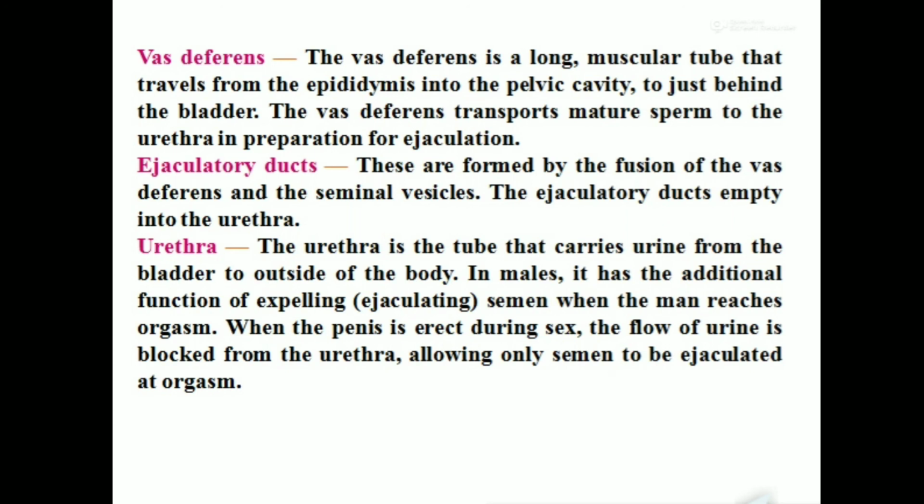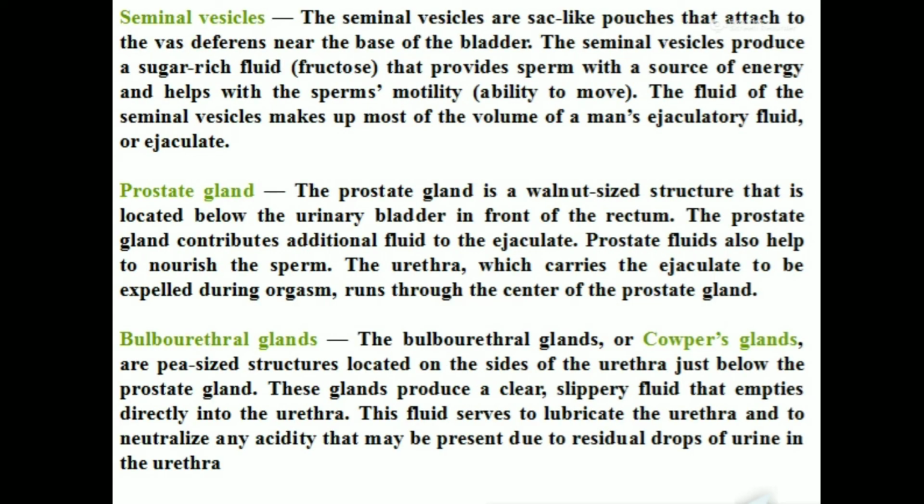What are the functions of vas deferens, what is ejaculatory duct, a rename of vas deferens, what is ureter, what is urethra, what is seminal vesicle, prostate gland, and bulbourethral gland. The bulbourethral gland is another name of Cowper's gland.